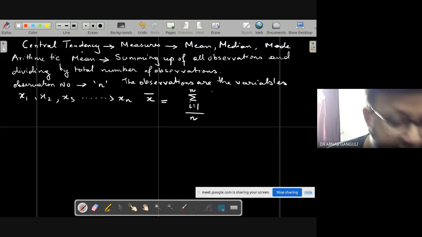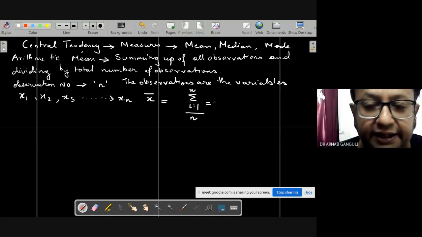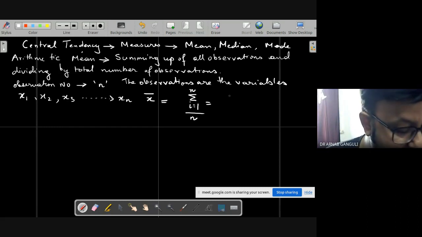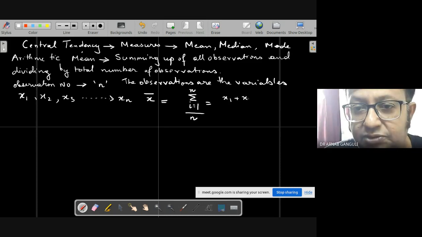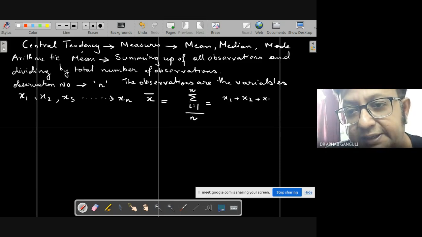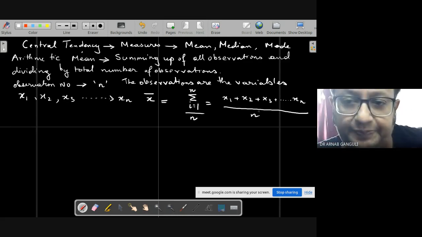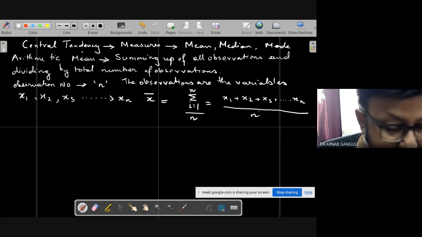So if you write this in a small form, you can write it as x1 plus x2 plus x3, and so on up to xn, divided by n. So this is the arithmetic mean.